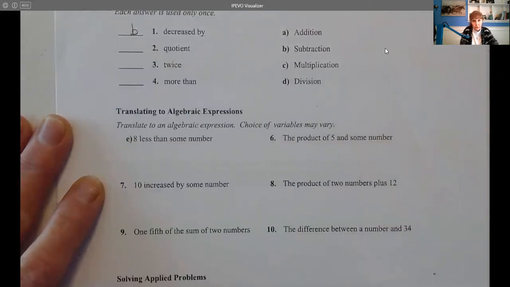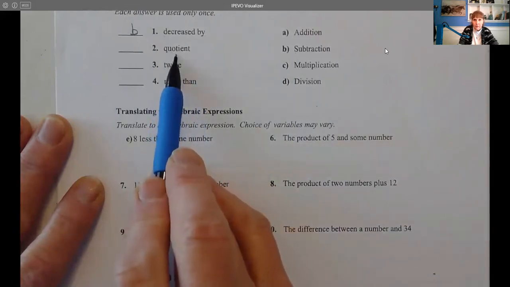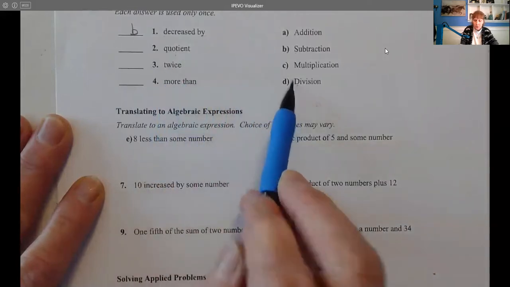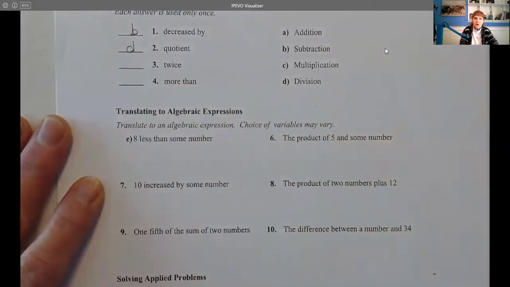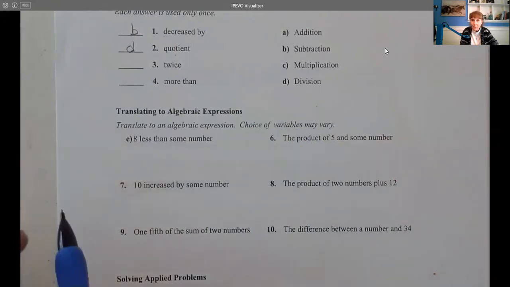Quotient, which we talked about earlier, is the answer in division. So if they want the quotient of two numbers, you're going to divide the two numbers. Twice. If you want twice the number of apples, twice the number of anything, you're multiplying.